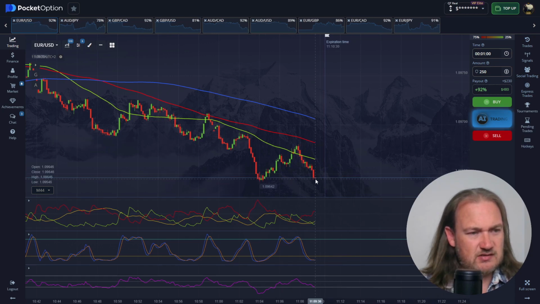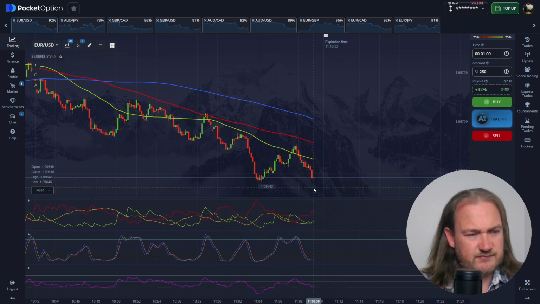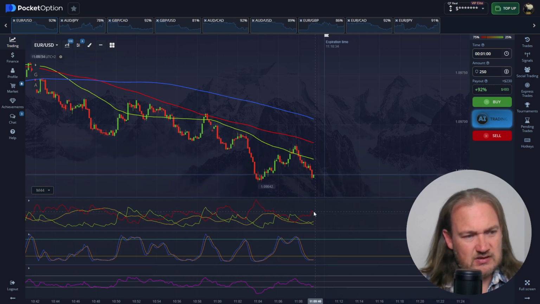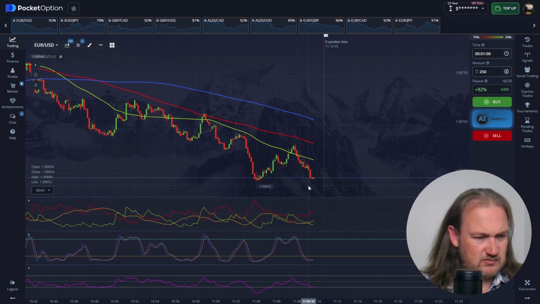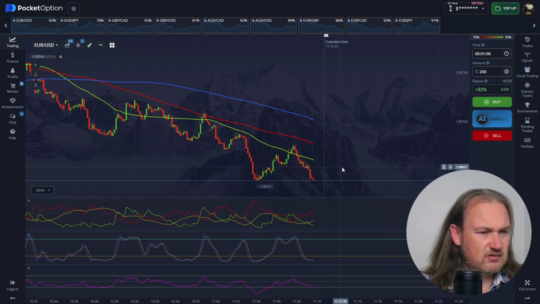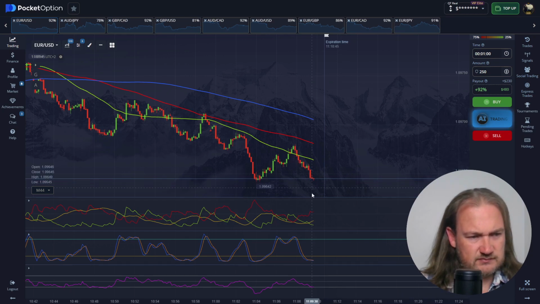Okay, so we're hitting the recent low area, but it's not a decent DI spike there. So I'm not going to look for a potential trade. My ADX is starting to climb again, so it tells me that there's momentum building.